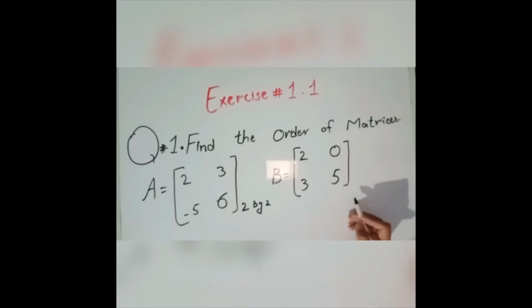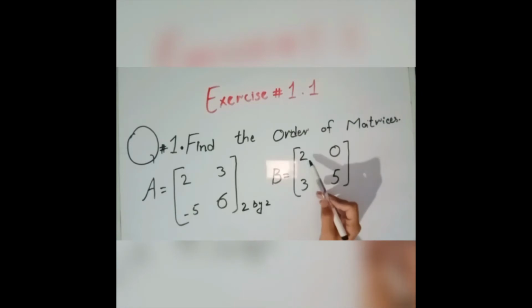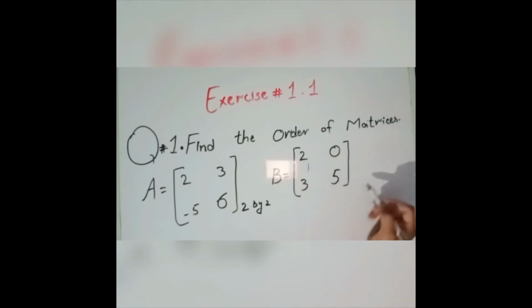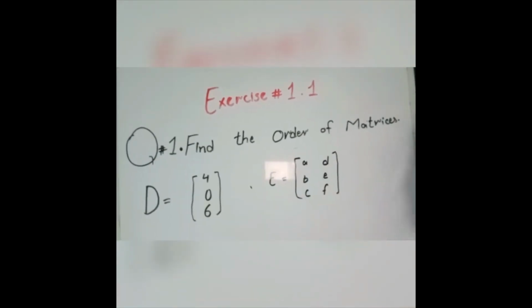The second matrix is B. In this matrix we again have 2 rows and 2 columns, so the order of the matrix is 2 by 2. The next part is D matrix.